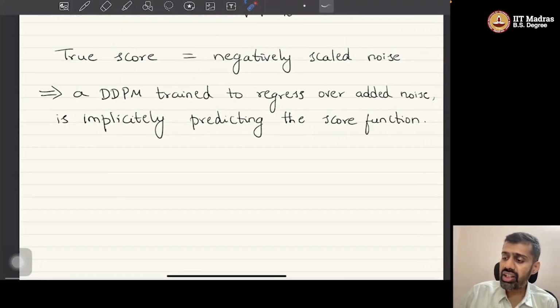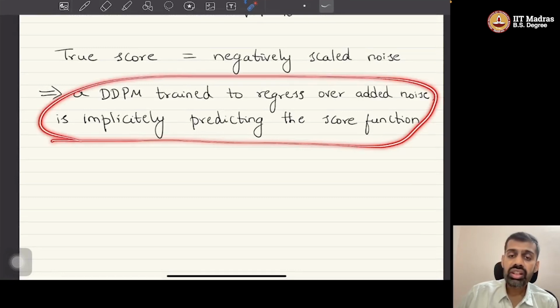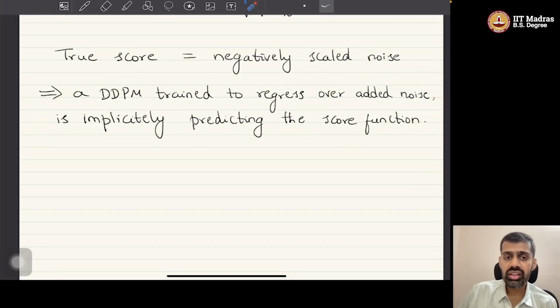But this is a very important point, that the DDPM or the neural network that is designed to regress over the added noise is also regressing over the score function. So this implies that whatever analysis that we do on noise, using the predictor as noise, can be done by taking the score functions and vice versa.